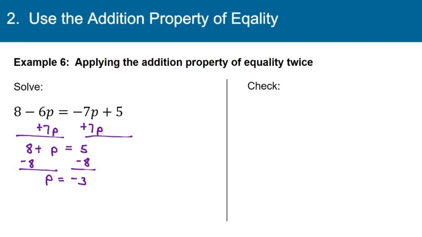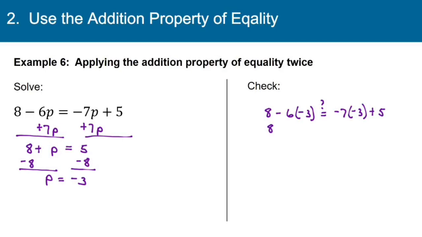Now let's check our work by replacing p with negative 3 in the original equation. So we'll have 8 minus 6 times negative 3 equals negative 7 times negative 3 plus 5. So we use order of operations to simplify the expressions on each side, and although we treat them separately, you can go ahead and do them both at the same time.